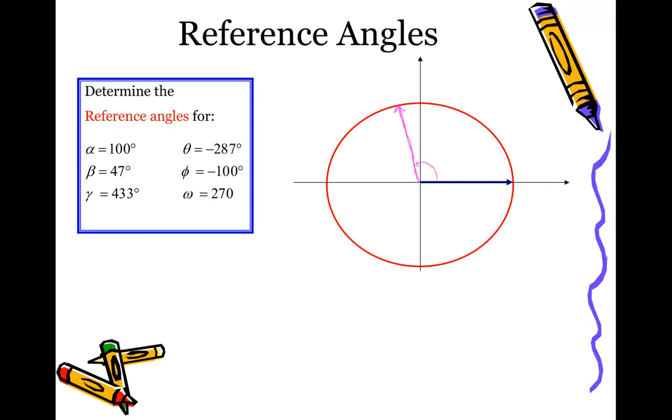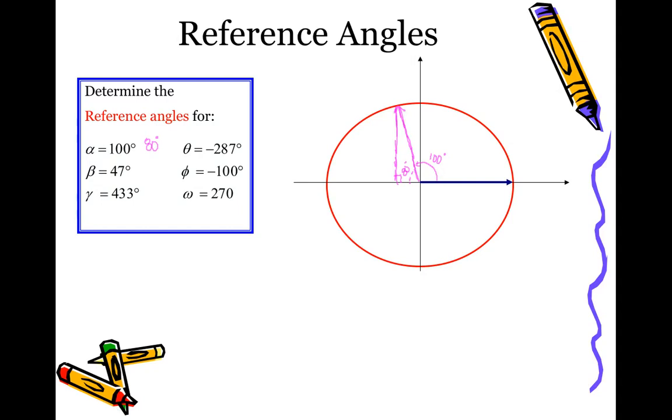This is 100 degrees. It's in quadrant 2, my closest horizontal is right here. So I want to think about, well, what is the measure of this angle right here? That's my reference angle, right? Well, if this is 100, what is this part that's left over? Oh, that's 80 degrees. My reference angle then is 80 degrees.